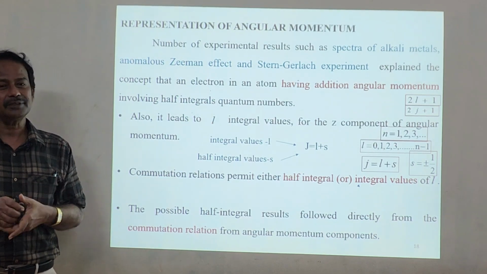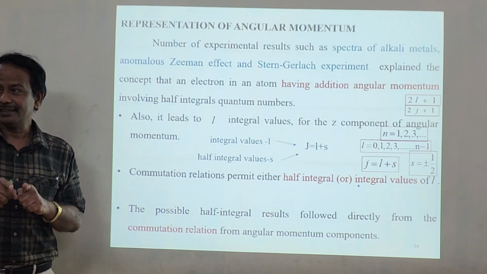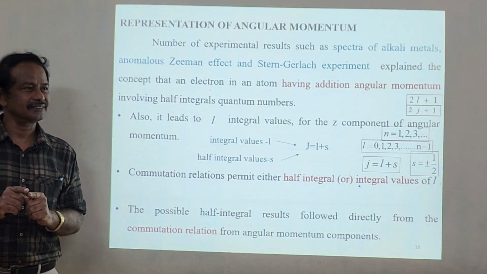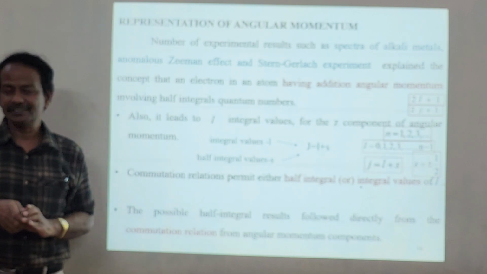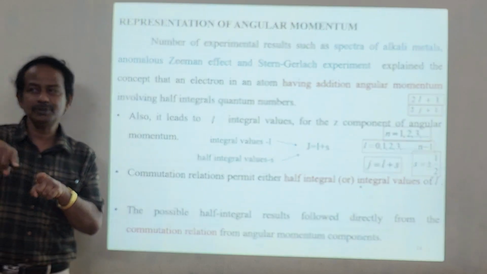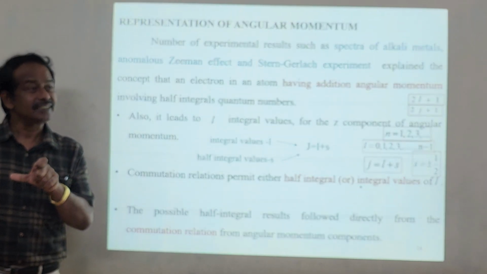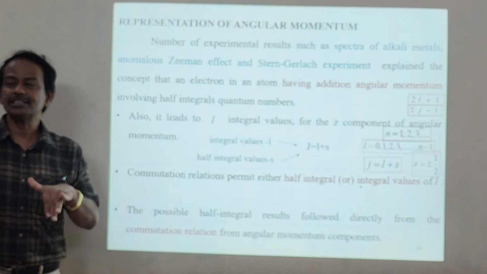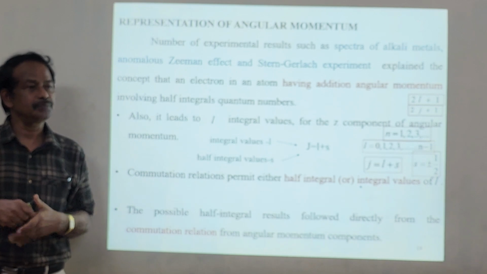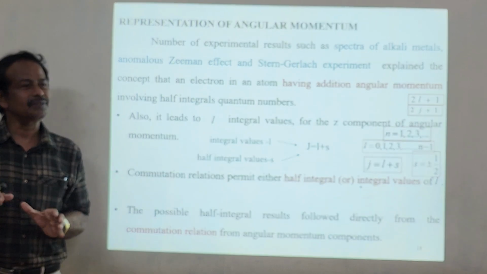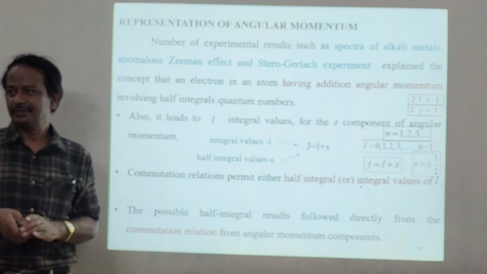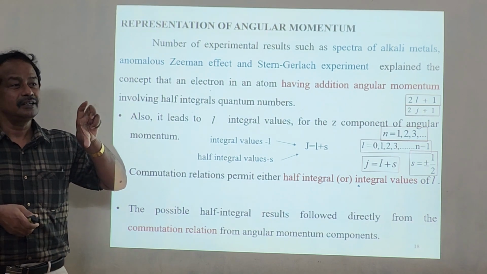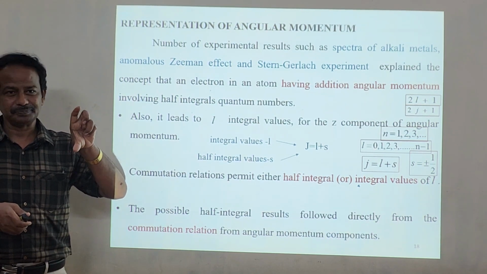In order to get the even number, L must be half integral, correct? But L is already integers. So we have to add to L some other half integral. Only then will we get the total angular momentum. So that's why they put forth this idea of J equals L plus S. J stands for total angular momentum.